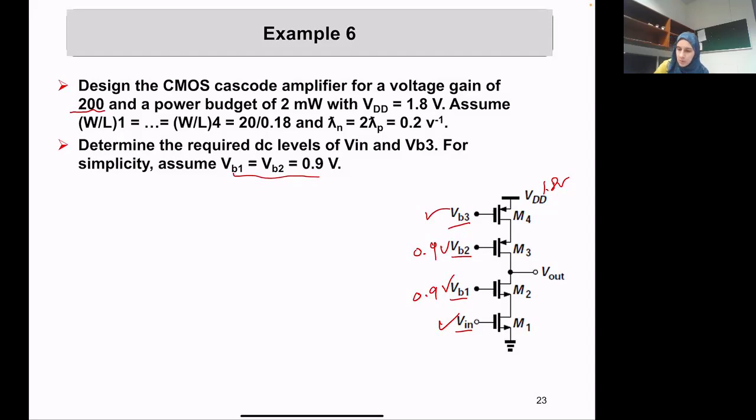We know the power consumption. So power equals VDD multiplied by the current that's drawn from the supply, and power is 2 milliwatts, which equals 1.8 volts times ID. From here, I can find ID.